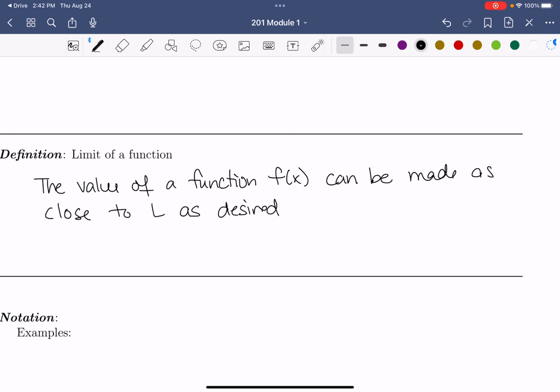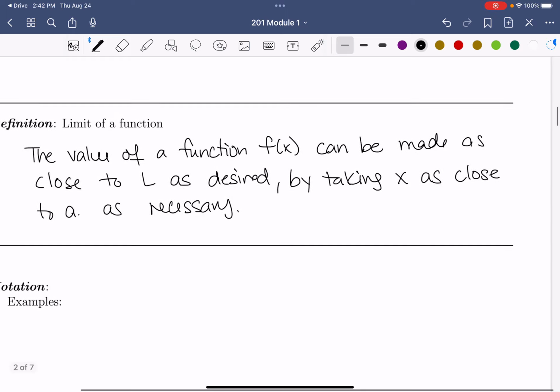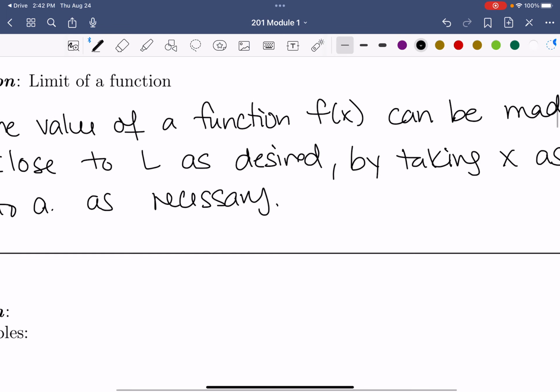So as close as we want by taking x as close to A as necessary. Okay, and all of those letters go with this notation.